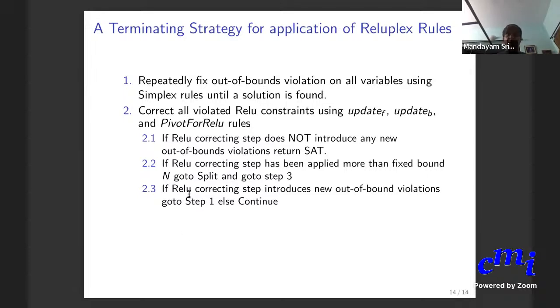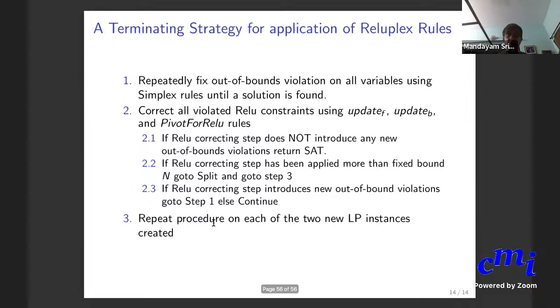I'll show you what step 3 is. If you go to step 3, you split it into 2 LP instances, and you have to apply this entire procedure to those 2 things.